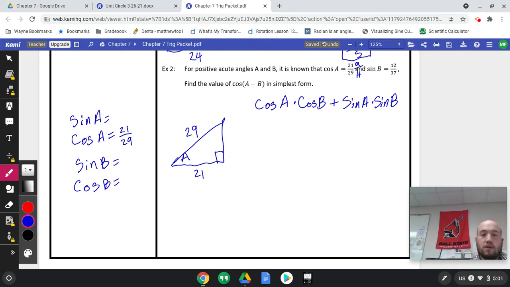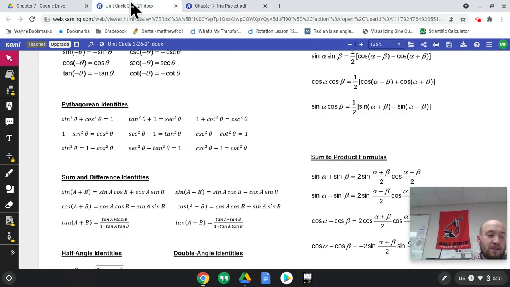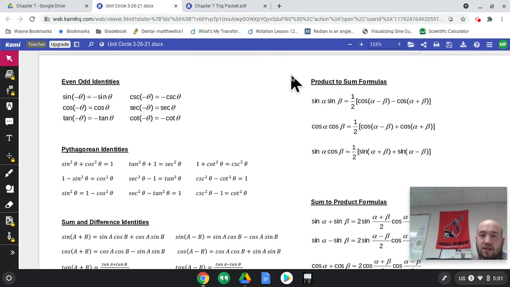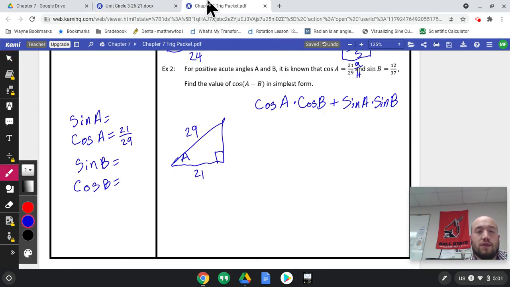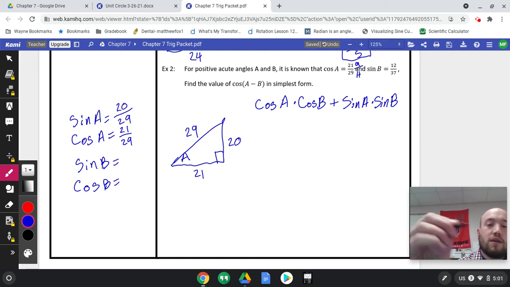Okay, now 21, 29, if we go check, I don't know if this one was on yours, but we have it on mine. So 20, 21, 29, add that to your list. We're missing the 20. So this one right here will be a 20. That's the opposite, so our sine of A is 20 over 29. And we're done.